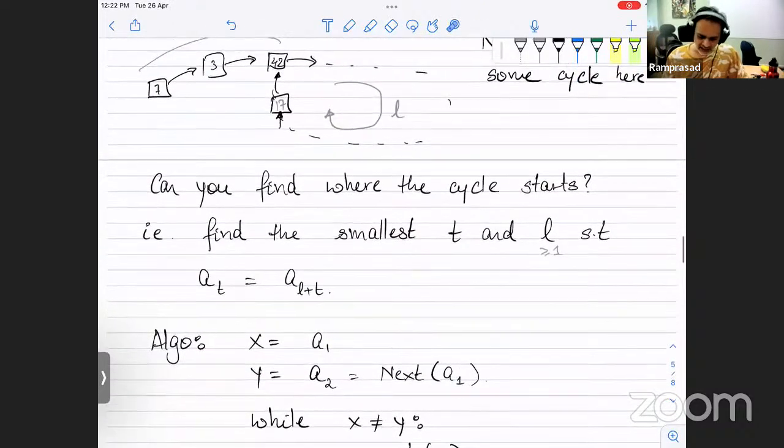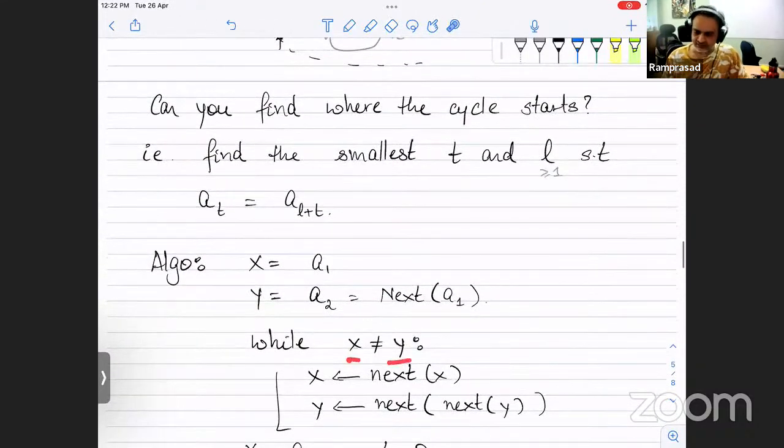Now we ask, does X equal Y? If X is equal to Y, then I have found the collision already. We'll do something at a later point. But if X is not equal to Y, the tortoise moves 1 step, and the hare moves 2 steps.